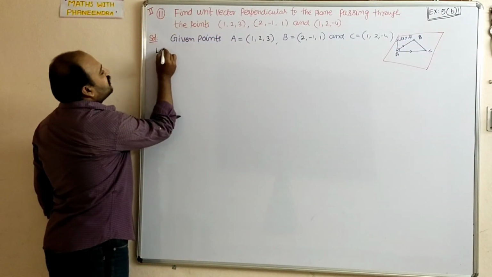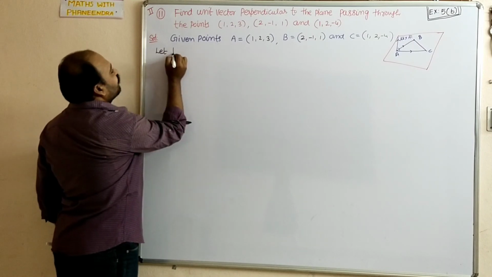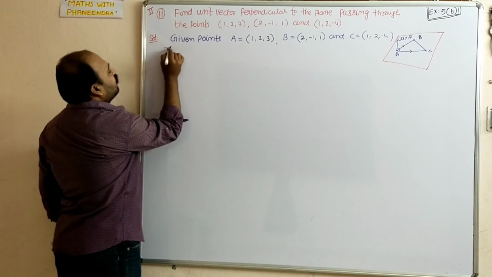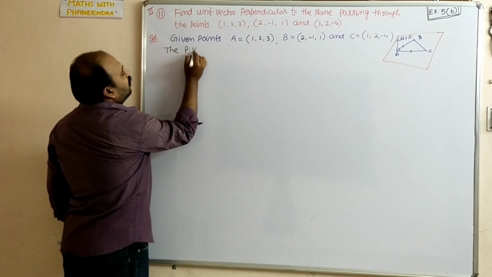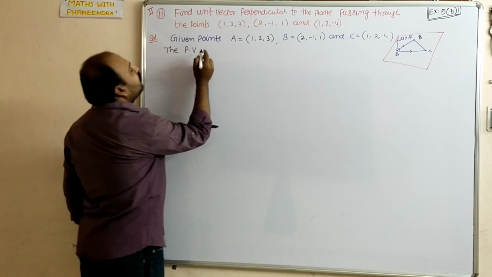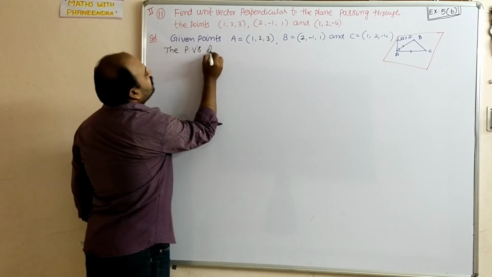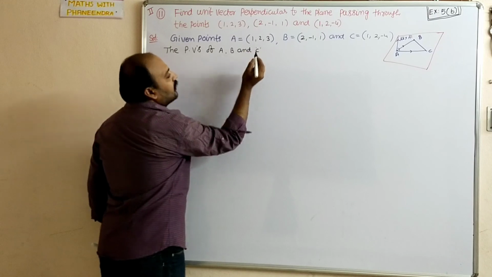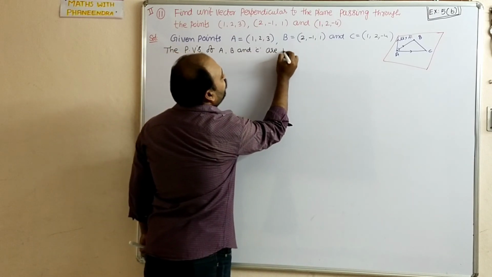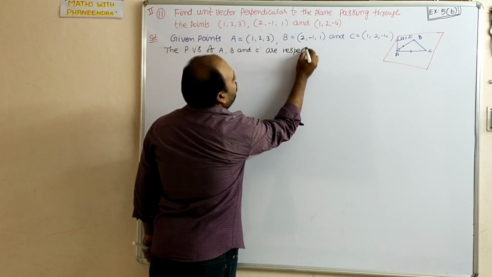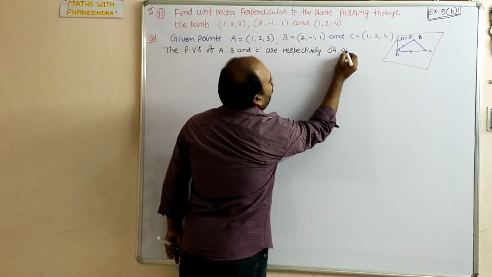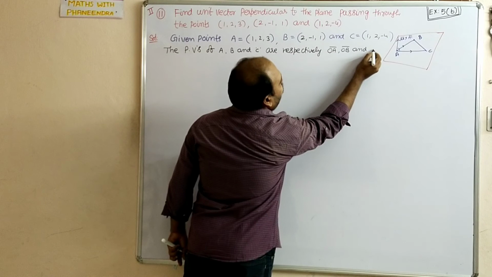Let the position vectors of capital A, B and C be respectively OA bar, OB bar and OC bar.